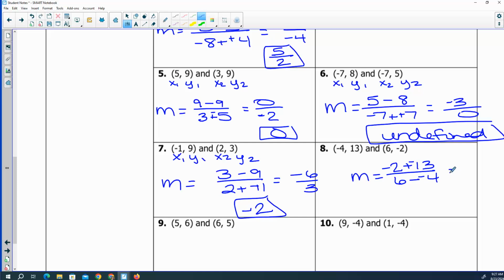Negative 2 and negative 13 would be negative 15. 6 plus 4 is 10. What can 15 and 10 both be divided by? 5. So 15 divided by 5 is 3. 10 divided by 5 is 2. Alright. Questions?